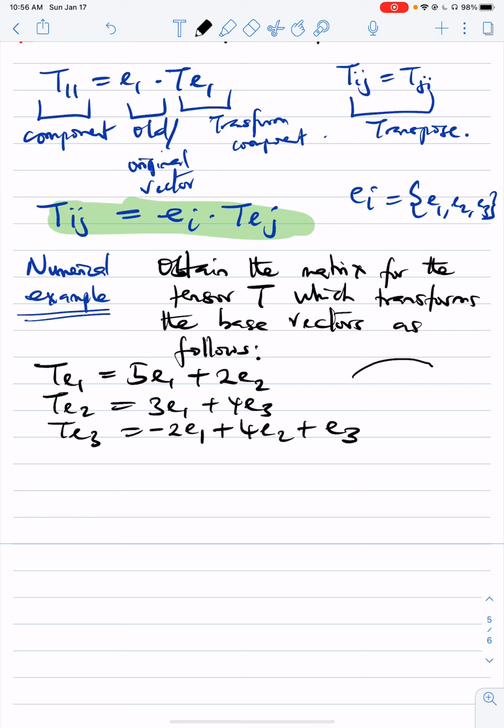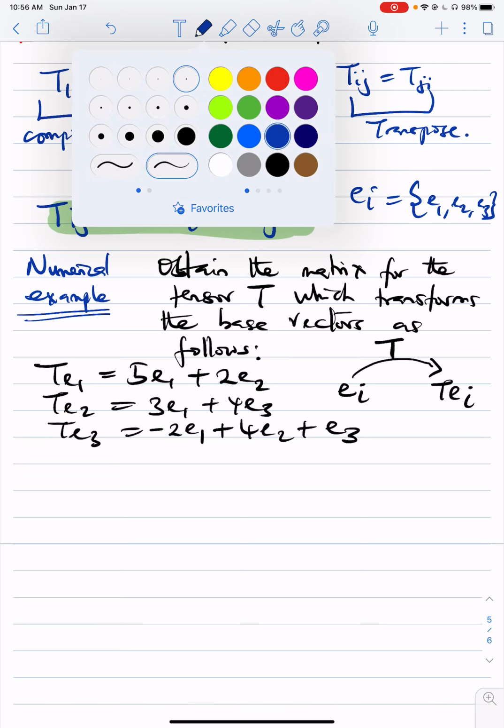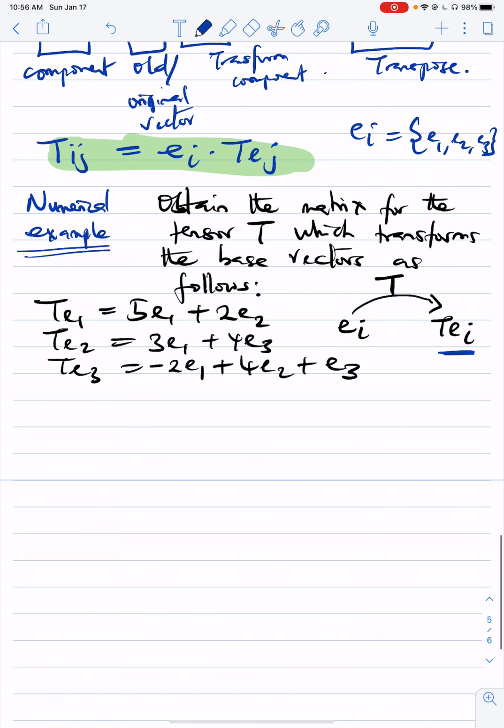So what we're trying to do is look for this T that transforms the Ei to TEi. We've been given the TEi, and we are asked to find the T that was able to go from Ei to this.